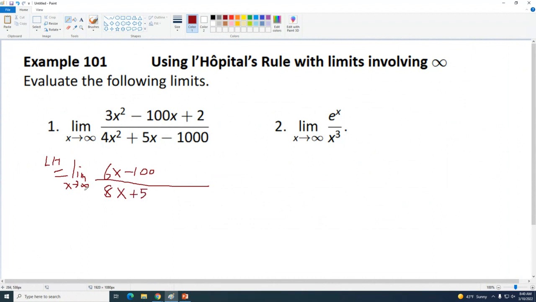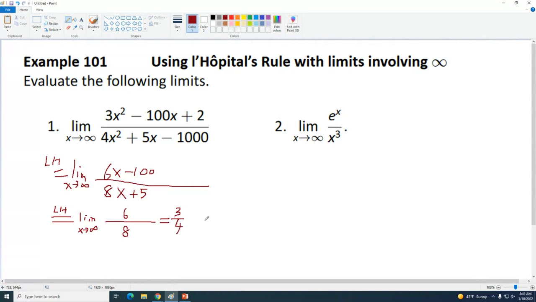But x goes to infinity, so 6 infinity is still infinity and 8 infinity is still infinity, so it's still infinity divided by infinity. We apply L'Hopital one more time, differentiating numerator and denominator separately. The numerator gives 6 and the denominator gives 8. Now these are constant numbers, so we know the limit is 6 over 8, or 3 over 4.